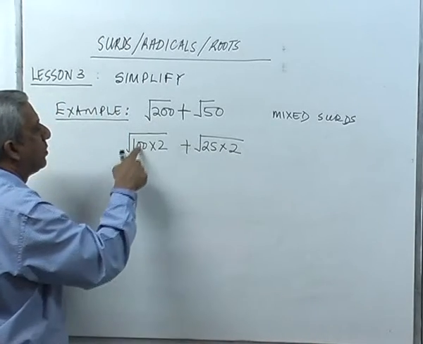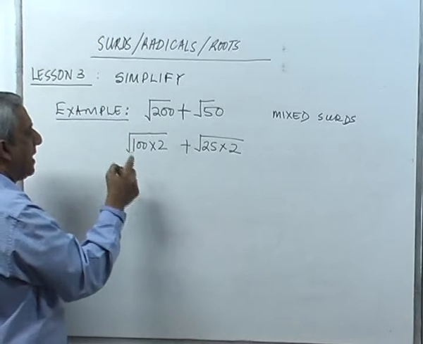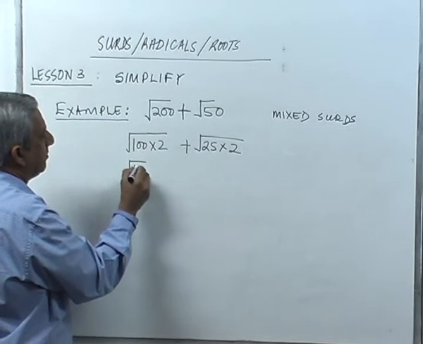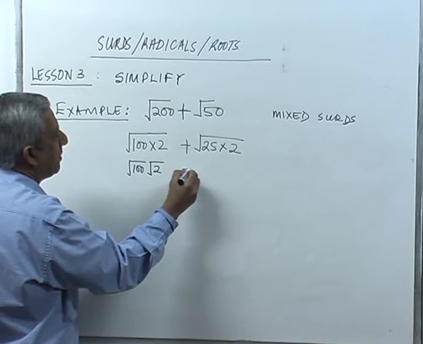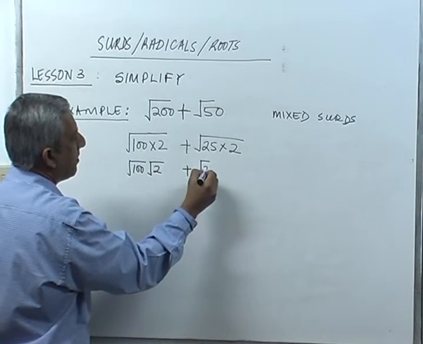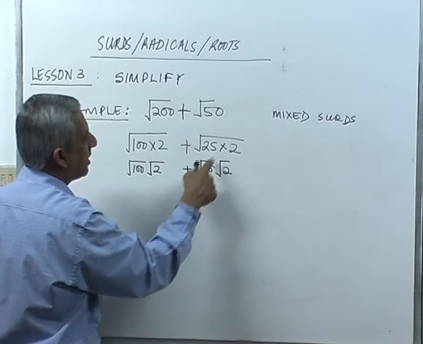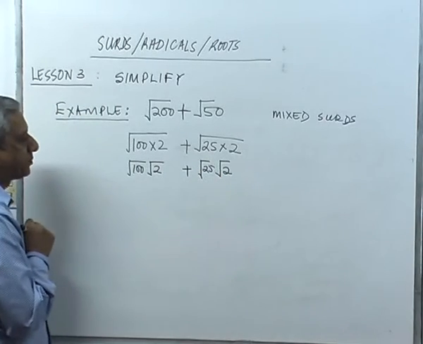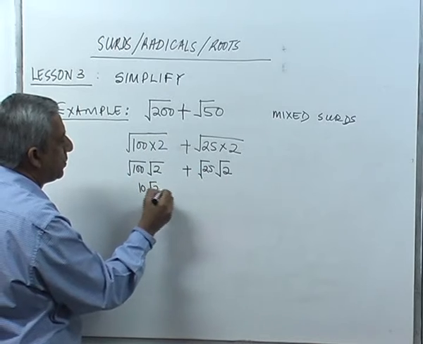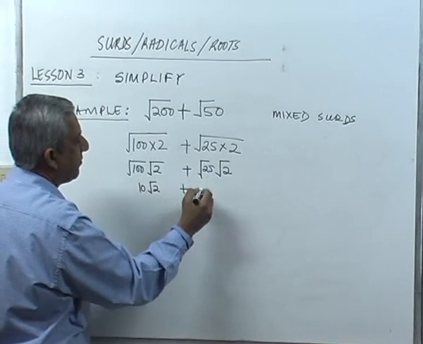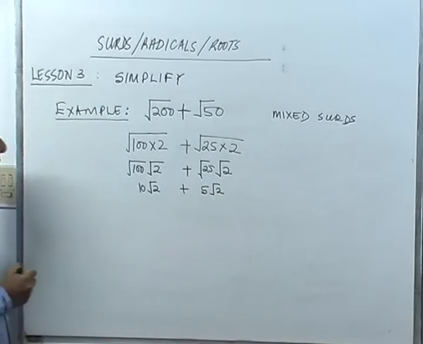Now, I can separate them and write them without a multiplication sign. Now square root of 100 is 10, 10 root 2 plus square root of 25 is 5, 5 root 2.